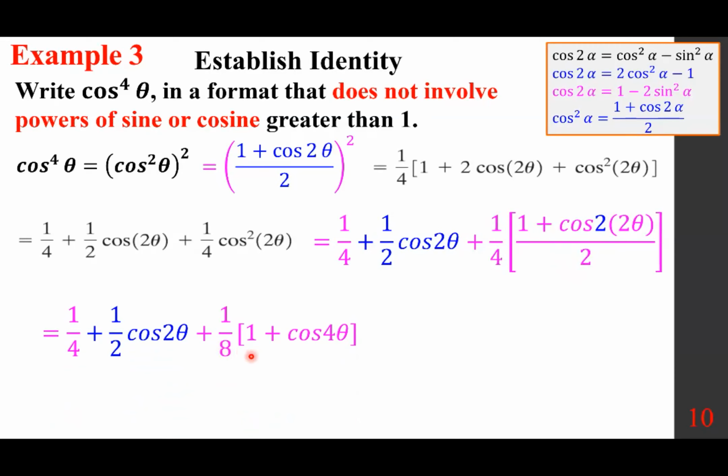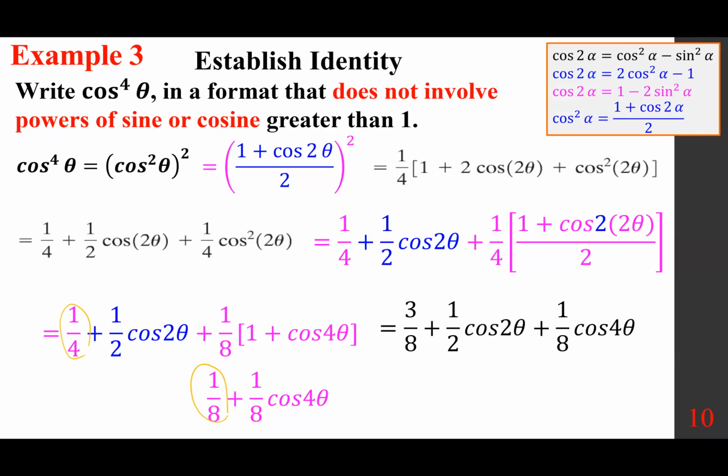And distribute the 1/8. This gives us 1/8, and this gives us 1/8 cosine of 4 theta. 1/4 and 1/8: 1/4 is 2/8, and 1/8 makes 3/8. The rest remain unchanged.